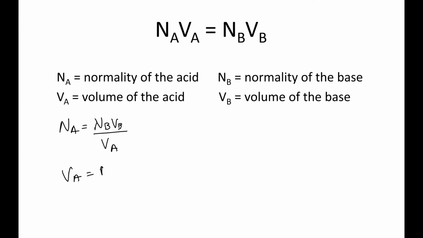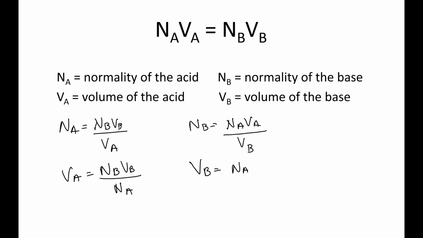Va is NbVb over Na. And now we'll do the other side. Nb is NaVa over Vb. And Vb is NaVa over Nb. Real similar to your dilutions. We do M1V1 equals M2V2, only we're doing N's and V's and A's and B's.